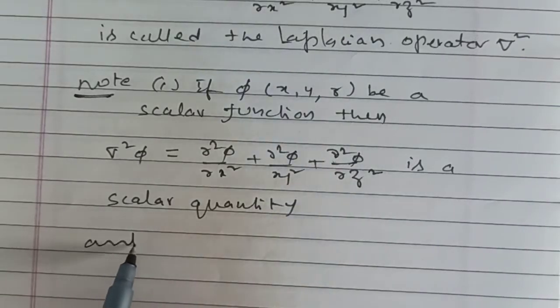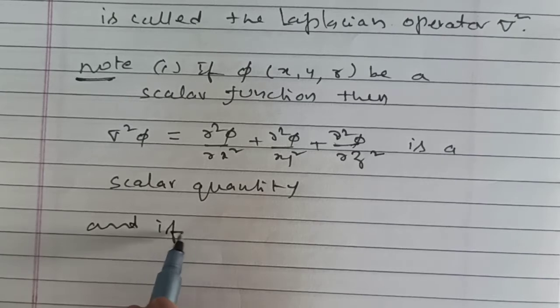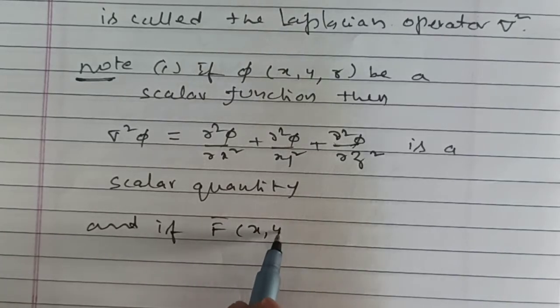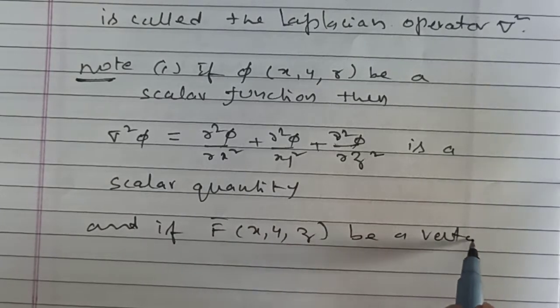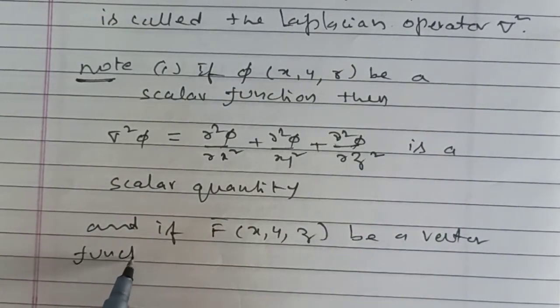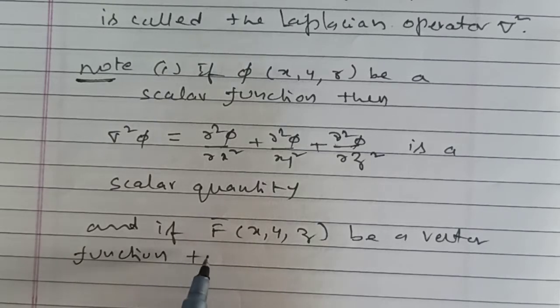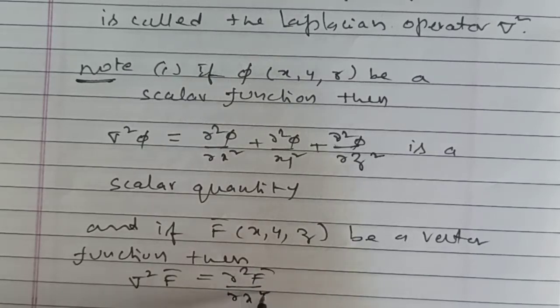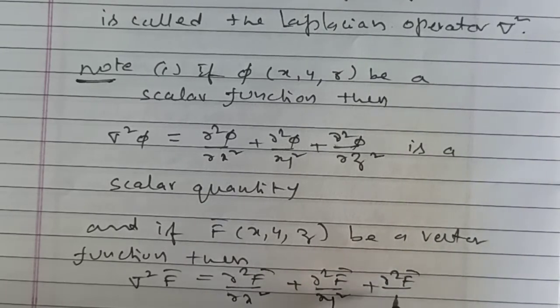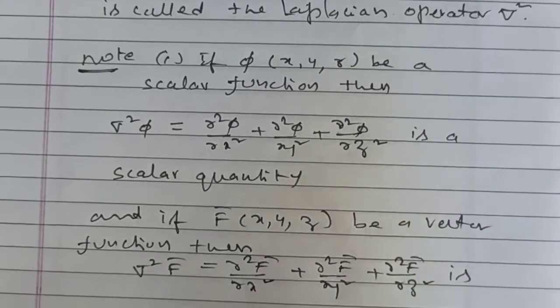And if f bar of x, y, z be a vector function, then del square f bar is equal to dou square f bar by dou x square plus dou square f bar by dou y square plus dou square f bar by dou z square, is a vector quantity.